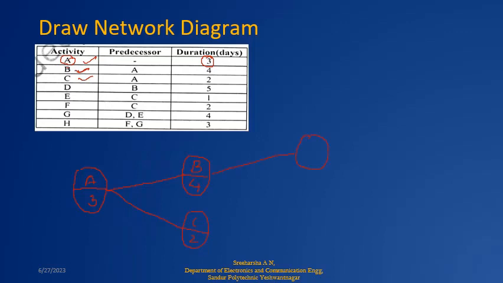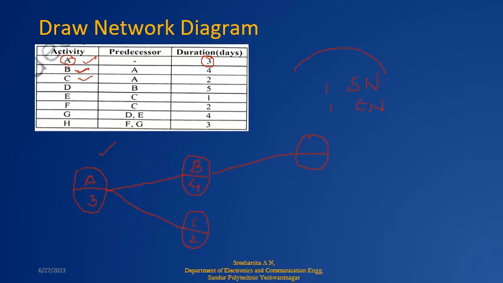While drawing a network diagram, always remember you are not using curved lines like this. If any activity is coming, I'll just connect it. And always there should be one starting node and one ending node.